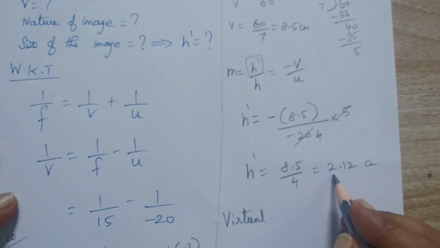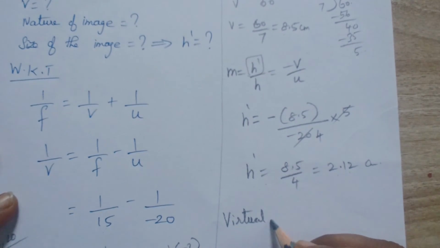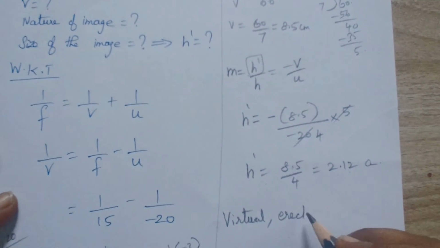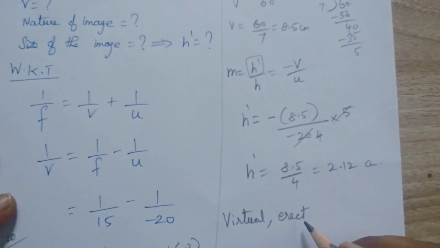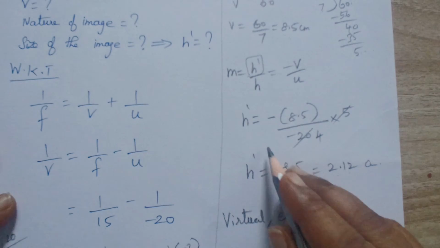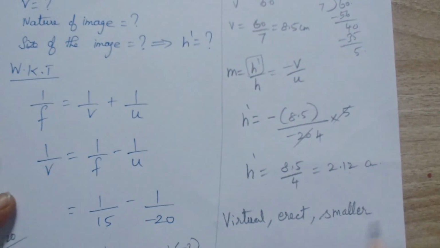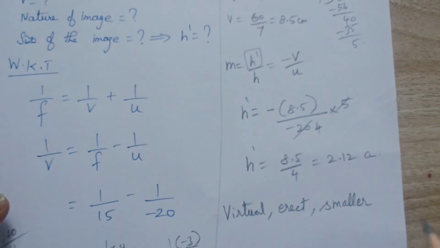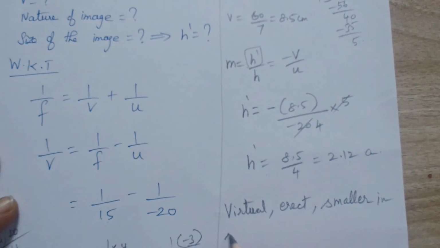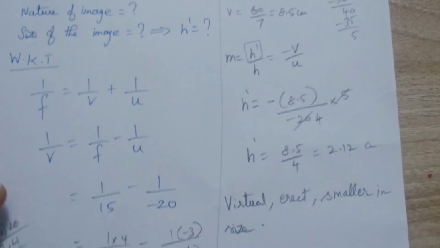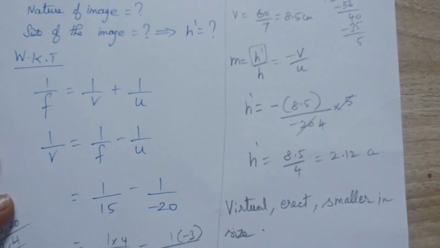You got h dash as positive, so it is erect, it lies above the x-axis. And since the size of the image is small, it is smaller in size. Virtual, erect, and smaller in size. Okay, clear on this? Thank you.